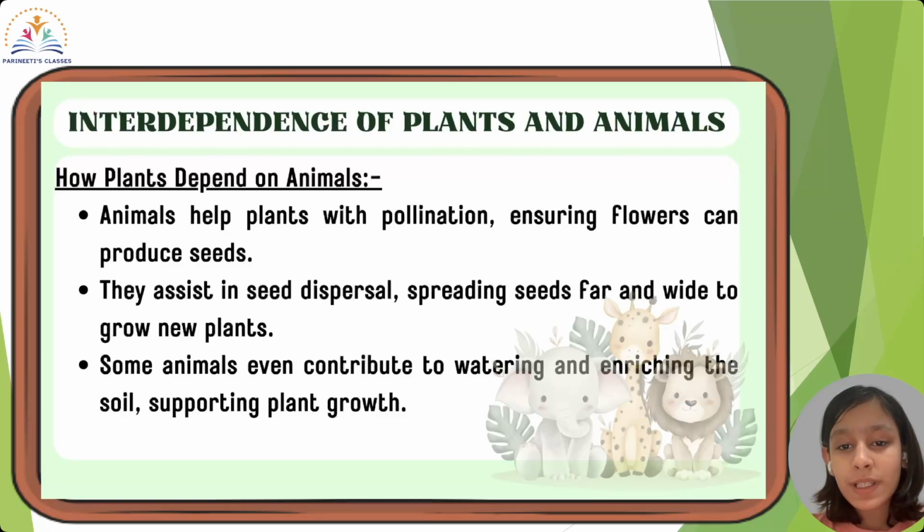Some animals even contribute to watering and enriching soil, supporting the plant's growth. Isn't it amazing how plants and animals rely on each other for survival? This interconnectedness is what keeps our ecosystem thriving.